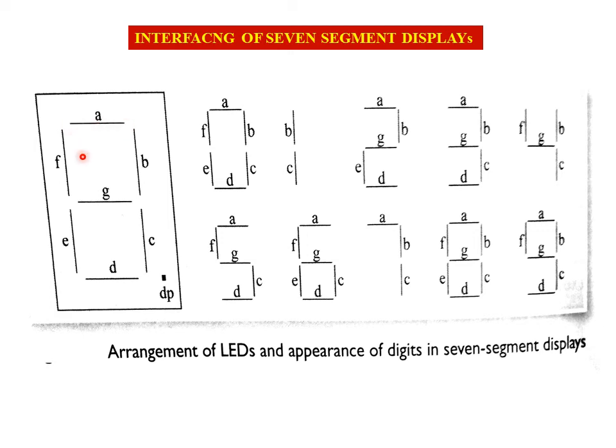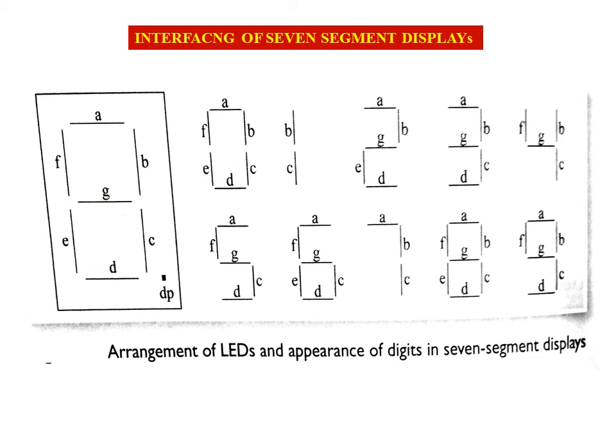Apart from these 7 segments, one more display unit is there, used to display the decimal point. DP is nothing but decimal point. For example, if I want to display 0, see which segments are on and which are off. A, B, C, D, E, F are on and G should be off.